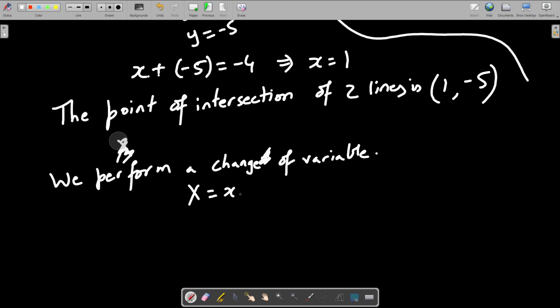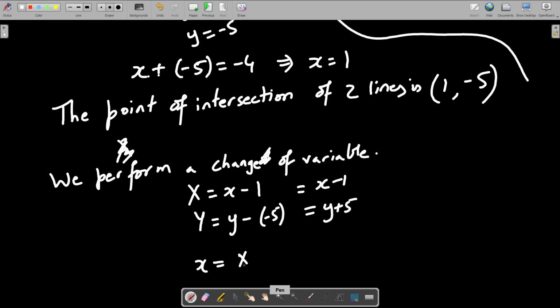Capital X should be small x minus the point of intersection, that is 1, and capital Y should be small y minus the point of intersection, that is minus 5. So this will leave you with x minus 1 and y plus 5. But for the sake of substitution, we have to go the other way around. We require small x is equal to capital X plus 1, and small y is equal to capital Y minus 5. Okay.